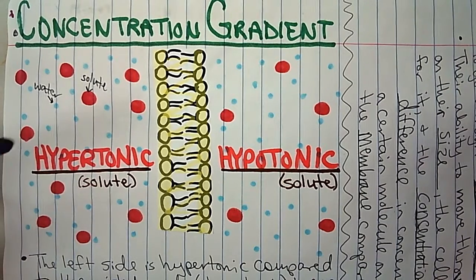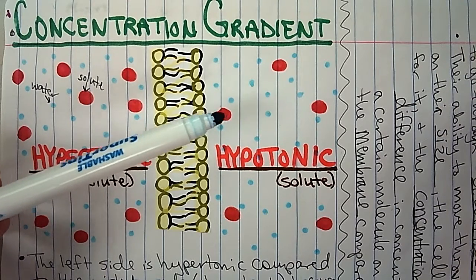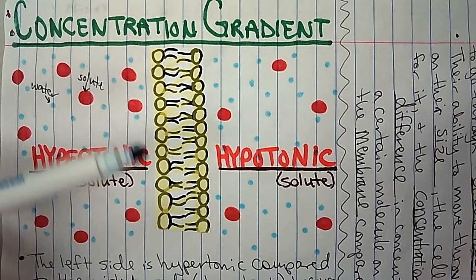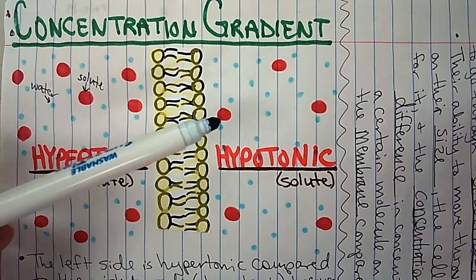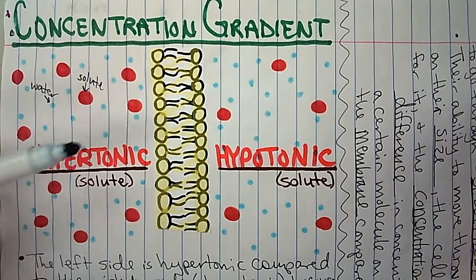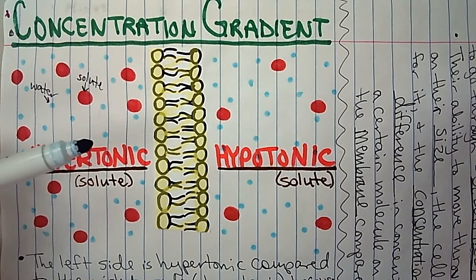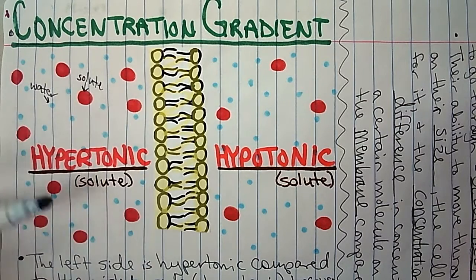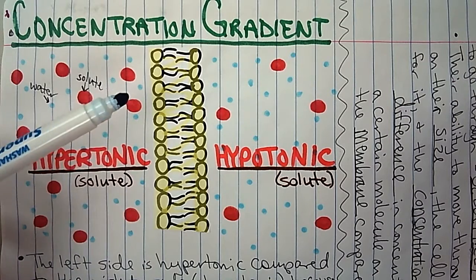If you are standing in an empty lobby and you need to get into an elevator, and that elevator is full of people, it's going to require you to use quite a bit of energy to get in there. That would mean you were moving up a concentration gradient. You're going from a low concentration of people to a high concentration of people.